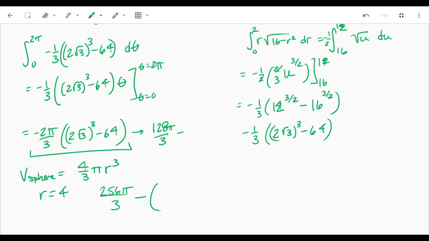So your 2 cubed would be 8 times negative 2 would be 16 pi root 3 over 3. So we're going to subtract from that. Oh, and we have to do twice that, right? So we're going to subtract 256 pi over 3 minus 32 pi root 3 over 3. Did I get that right?